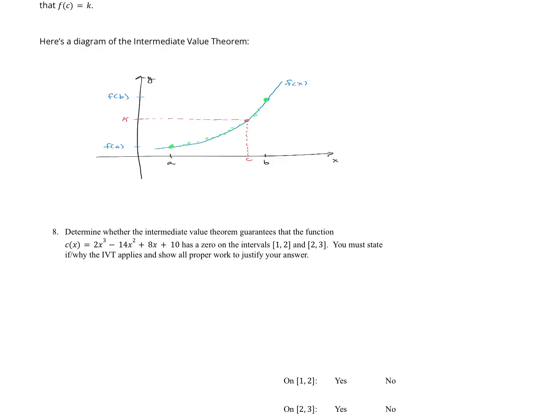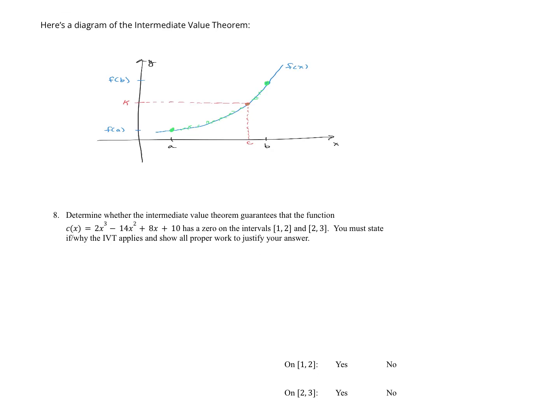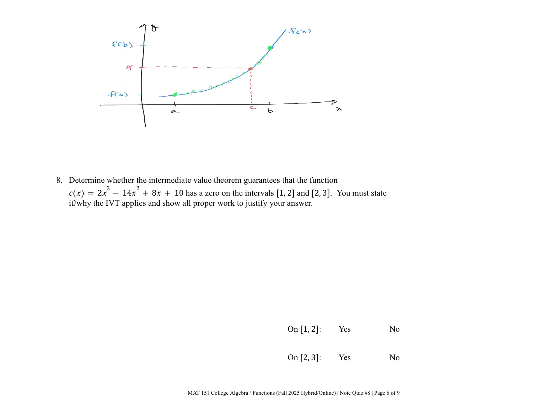So for this problem here, we want to go through and calculate the function values and see how they compare. For starters, let's take a look at the interval 1, 2. I'm going to calculate c of 1 and c of 2. C of 1 is just 2 times 1 cubed minus 14 times 1 squared plus 8 times 1 plus 10.